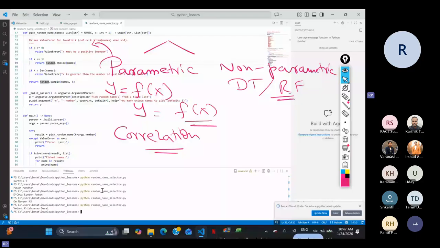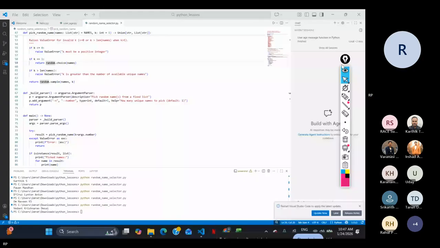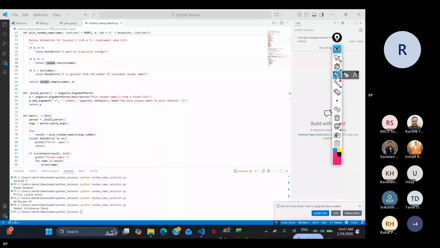Just from your own thoughts, what do you think might be a linear versus a non-linear correlation?